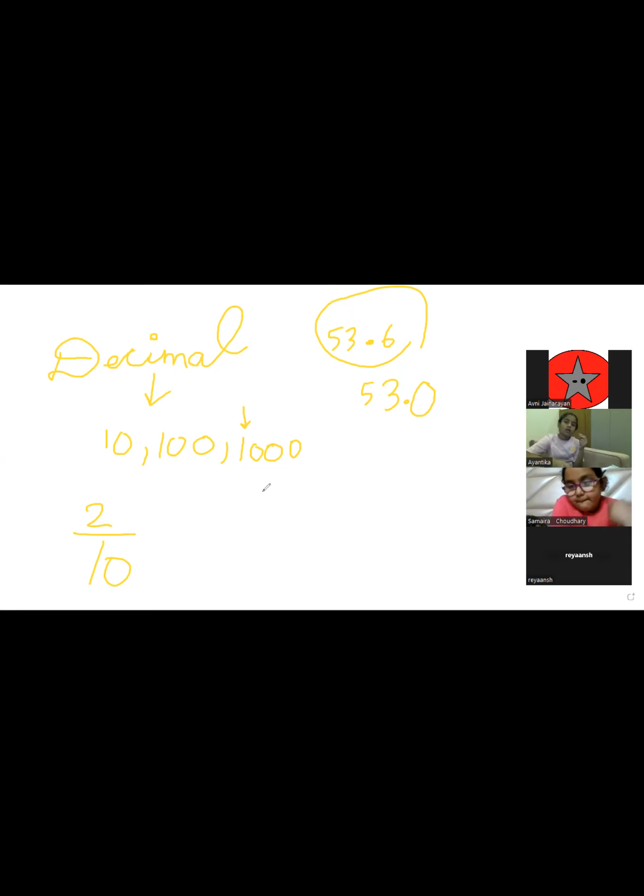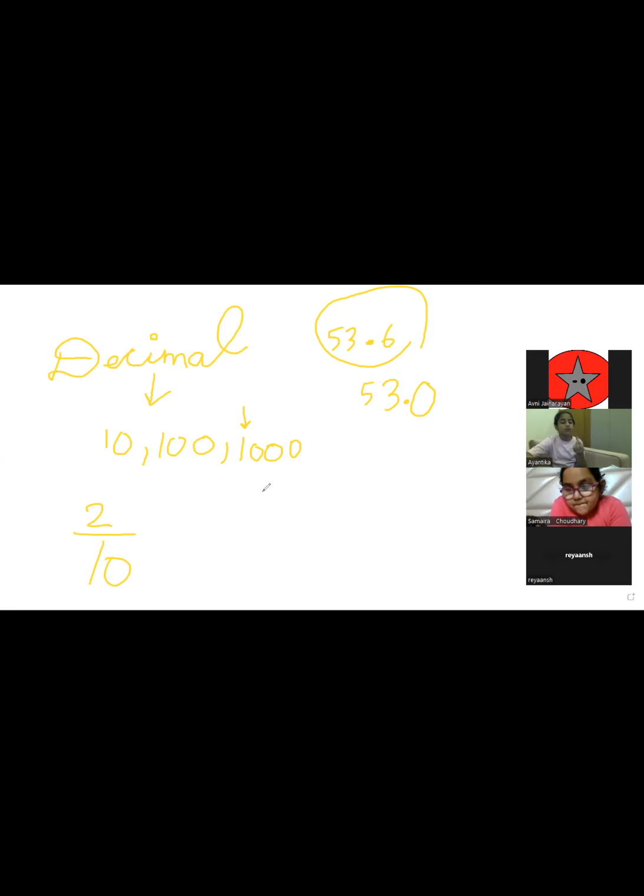Yes, ma'am. Any doubt there? No. How can you describe the fraction? It can be turned into a decimal. Yeah, but how can you describe 2 upon 10? It's a fraction which is divided into 10 equal parts and we are considering just 2 parts of that 10.